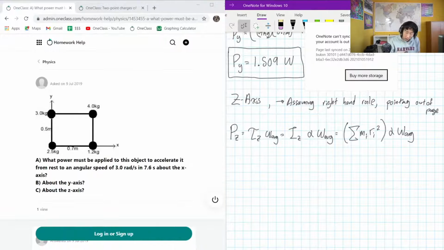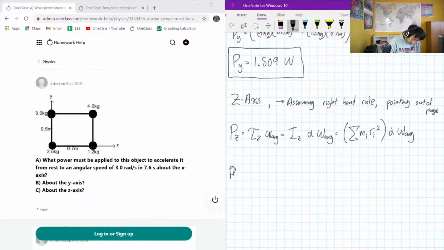Okay, so let's write this out in full. Power in the z. Let's first talk about our 3 kilogram one. That's going to be 3 kilograms multiplied by 0.5 meters squared, plus, now this one we need a little bit of Pythagoras to find, because we're looking for the distance from corner to corner, like this corner to corner type distance.